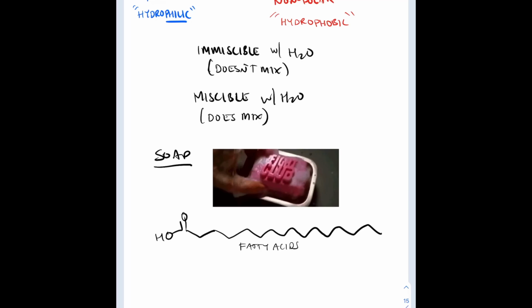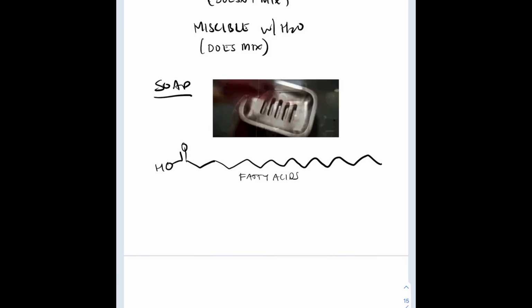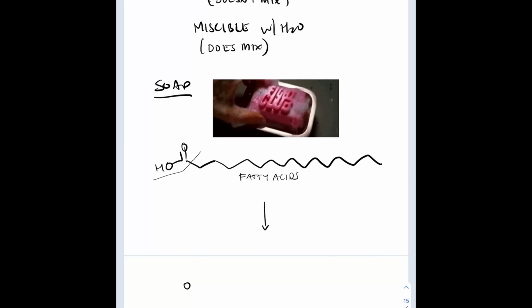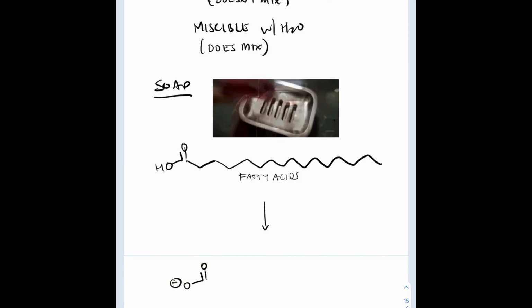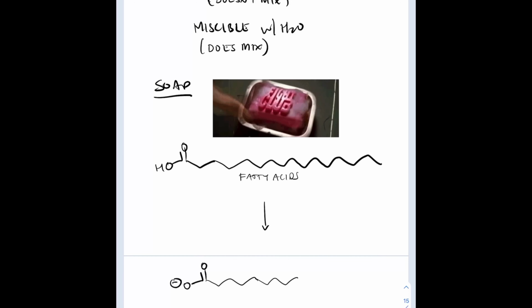But then what you end up doing is converting this to basically a salt. So rather than having that carboxylic acid portion there, you form a carboxylate. Okay, and so basically it's an acid, right? You could just throw a base in there, like lye, which is just sodium hydroxide.